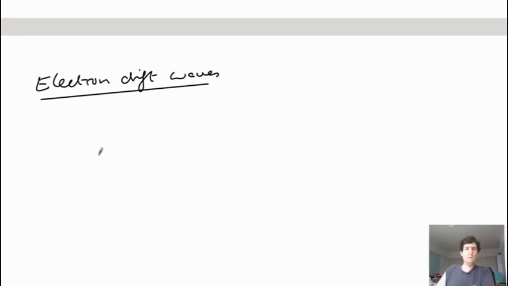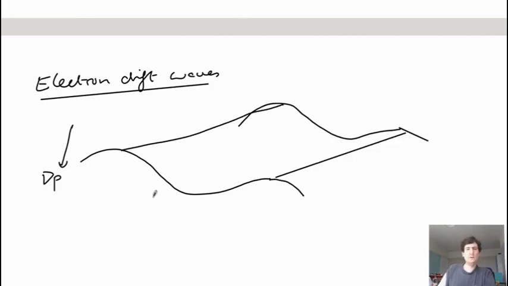If you try to draw a wave, you have a gradient. For example, a gradient of pressure, with high pressure underneath and low pressure on top. If you have a wave with a k vector like this, this is the wave k, and there's a magnetic field which is at some angle to this wave.